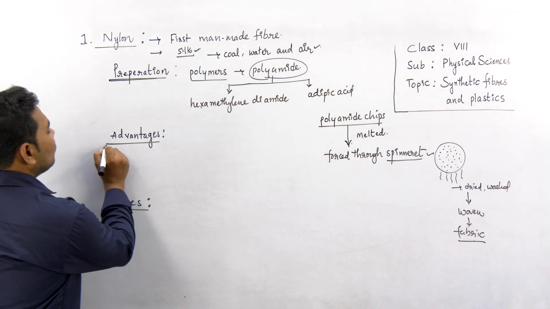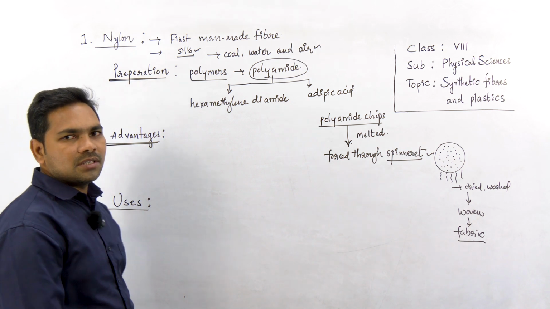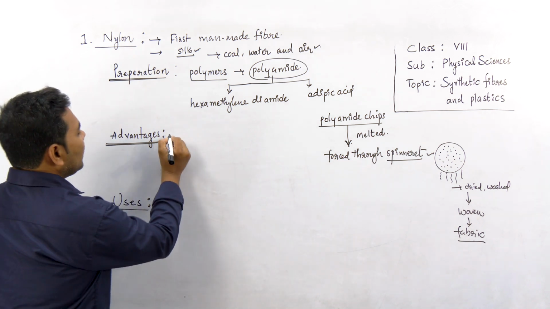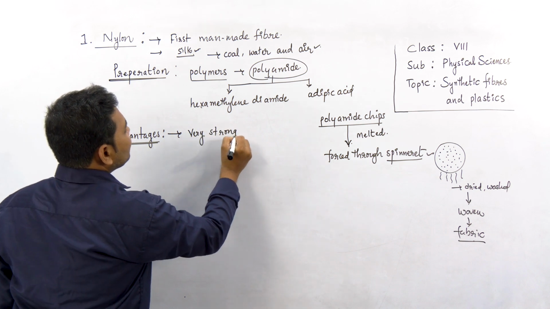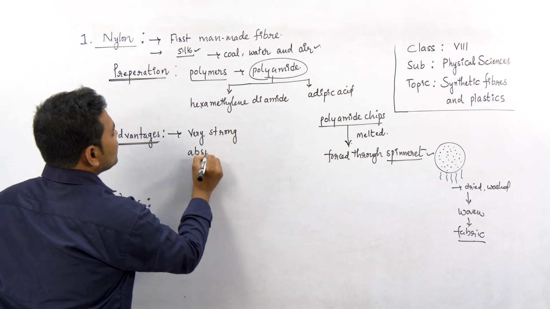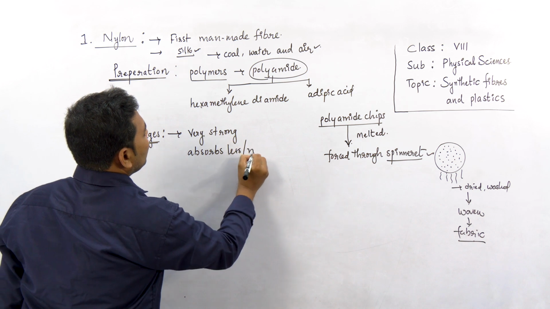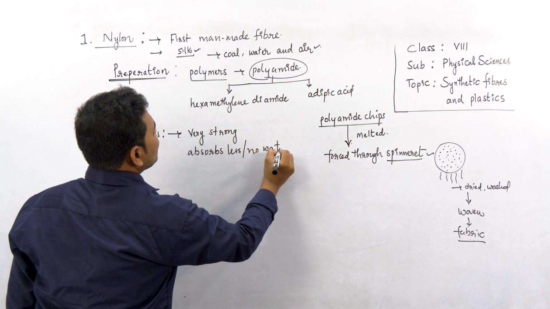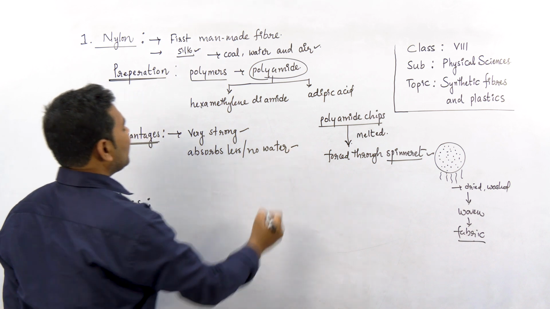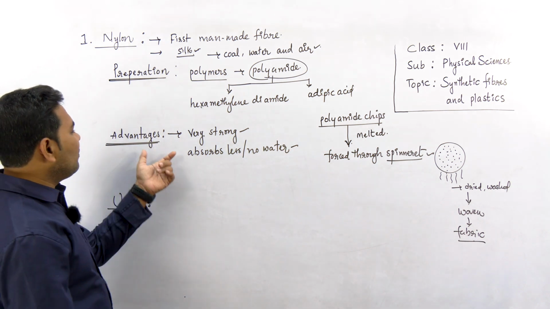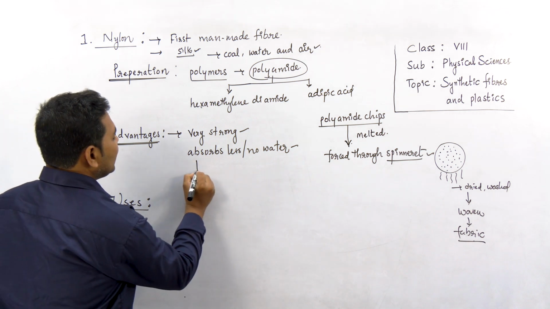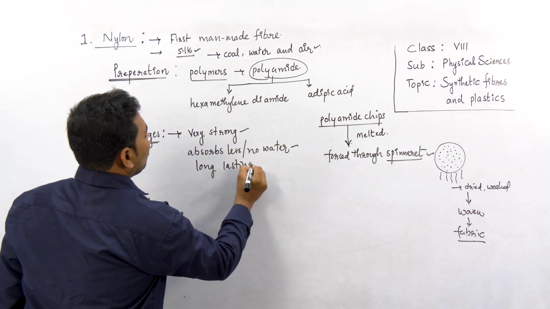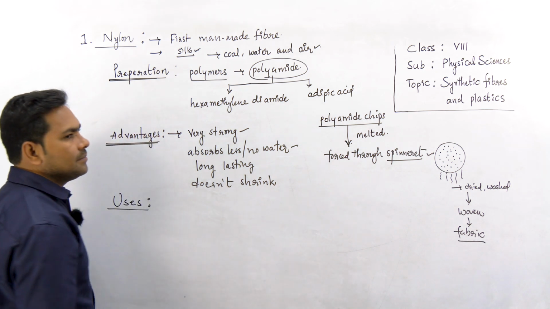Now let us see the advantages of nylon. Nylon is a very strong fiber, right? It absorbs less or no water, which is another very important unique property of nylon. It is very strong, it absorbs less or no water, it is long lasting, and it doesn't shrink.